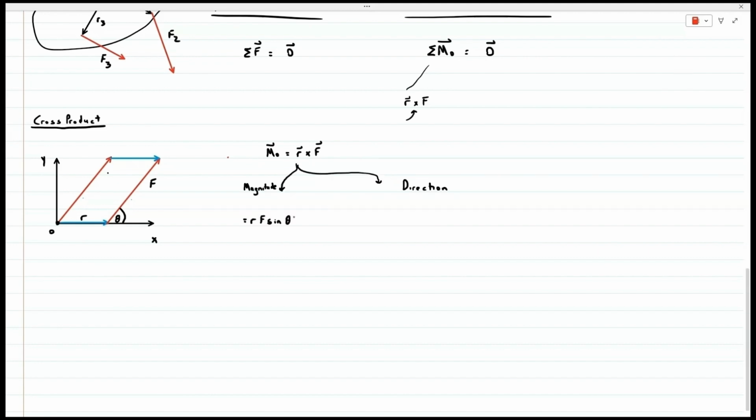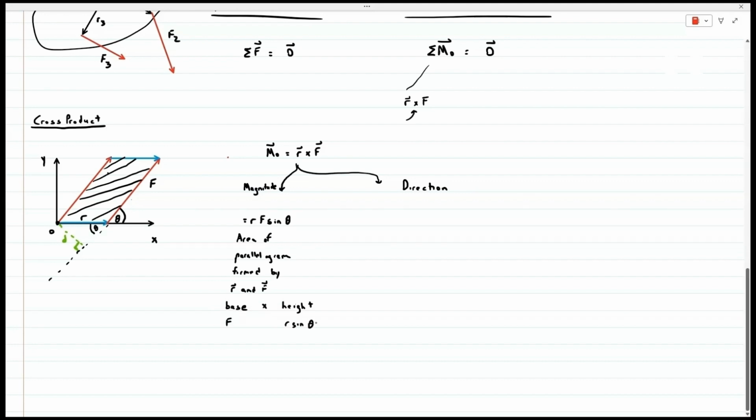The magnitude component of this is represented by this sine formula, and what it physically represents is the area of the parallelogram formed by R and F, where the base can be seen as the side length F and the height can be seen by the term r sine theta, or the distance d, shown in green there.